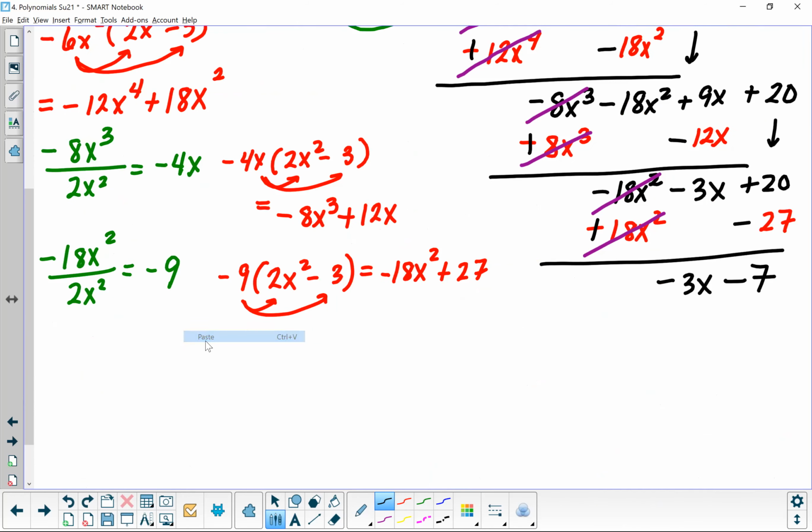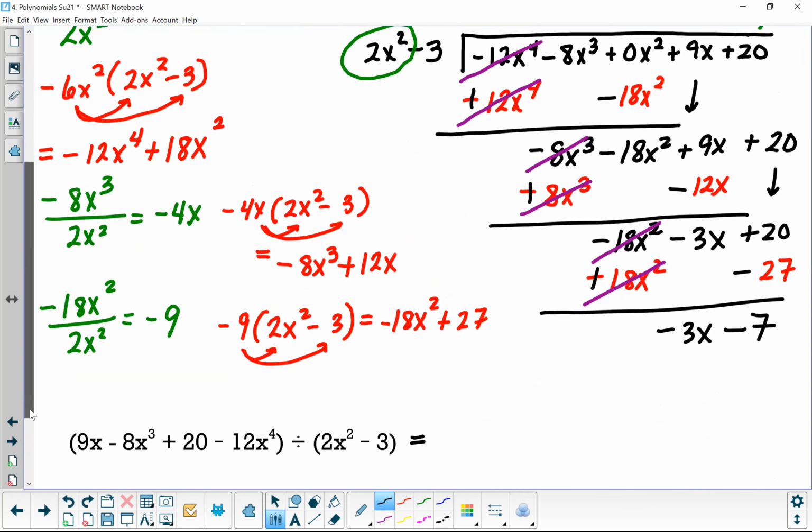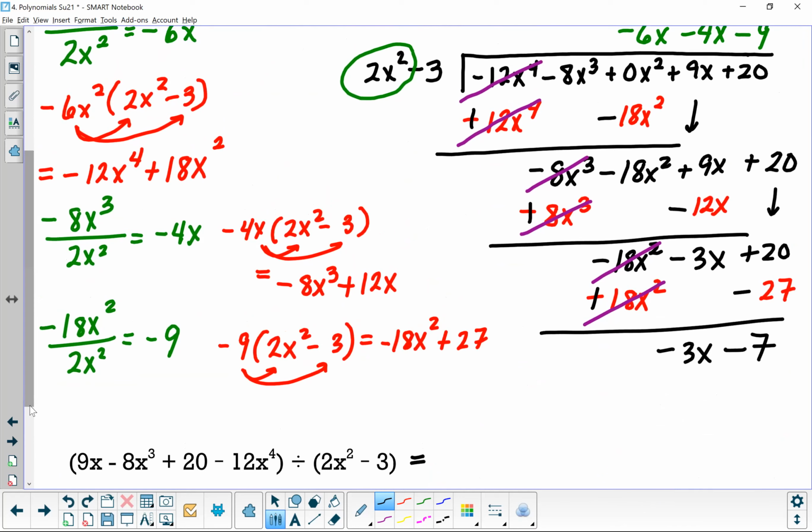All right, so we have 9x minus 8x cubed plus 20 minus 12x to the 4th divided by 2x squared minus 3 is equal to our quotient, right? So we have negative 6x squared minus 4x minus 9 plus our remainder, which is negative 3x minus 7 over our divisor, 2x squared minus 3.